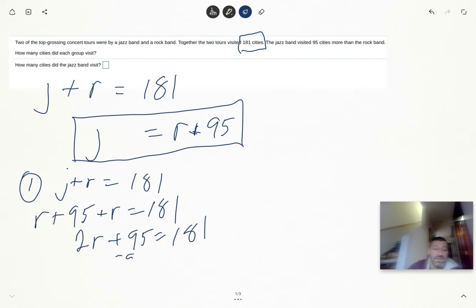Okay, we're going to subtract 95 from both sides. And 2R is equal to, that would be 86. Divide by 2. And the number of cities that the rock band visited would be 86 divided by 2, or 43.